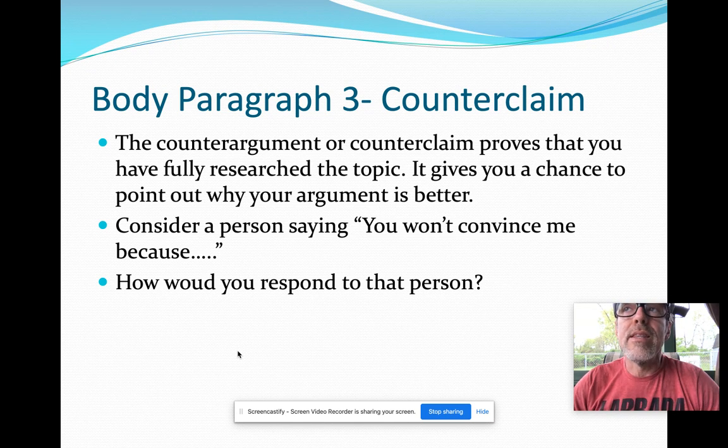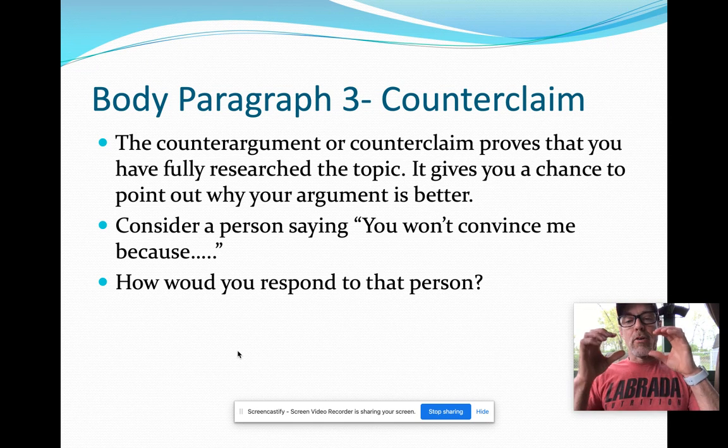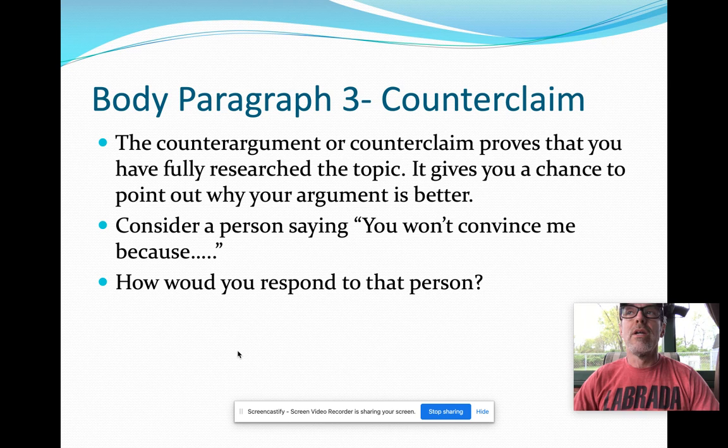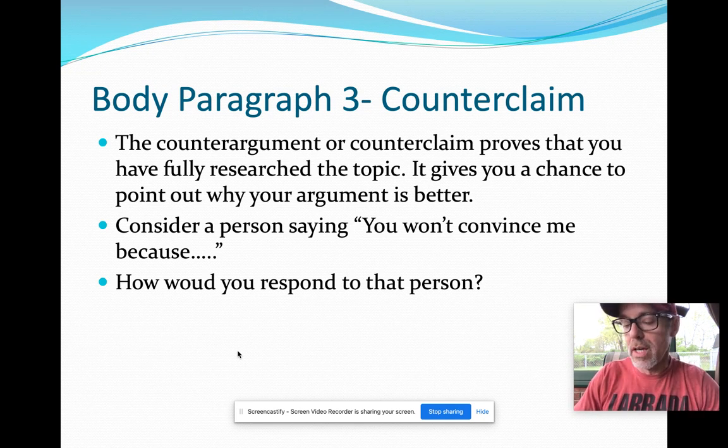And let's say the claim was why we should have online learning during the pandemic, excuse me. And you were saying why we should, and that would, in your body paragraph, that's paragraph 2 and 3. And then in paragraph 4 or body paragraph 3, somebody who says we shouldn't and how you would convince them that we should. How would you respond to that person? So that's your third body paragraph, the counterclaim. That's paragraph 4.